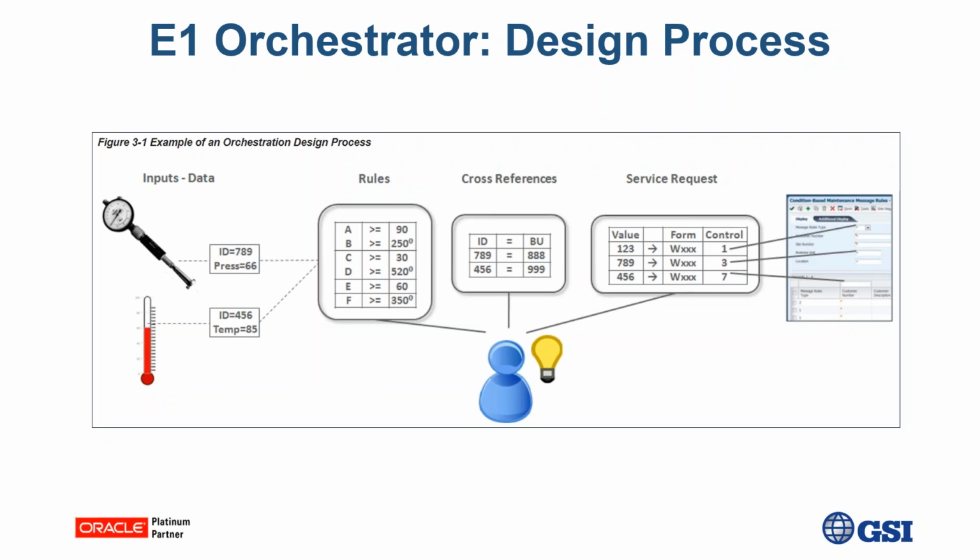It goes through rules, and then it does the cross reference to label the area that contains the table. It's necessary so that it can translate the rules into a service request that will then be sent over to the JD Edwards EnterpriseOne application.